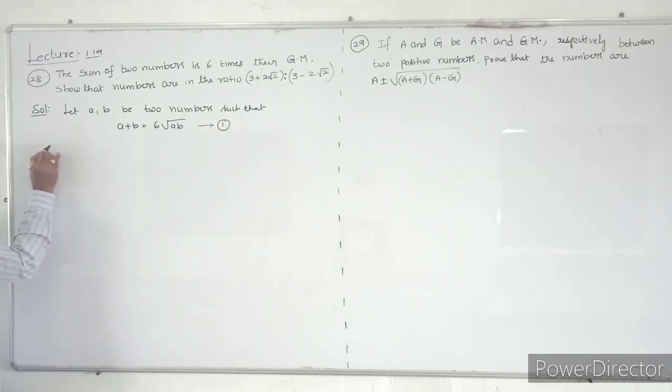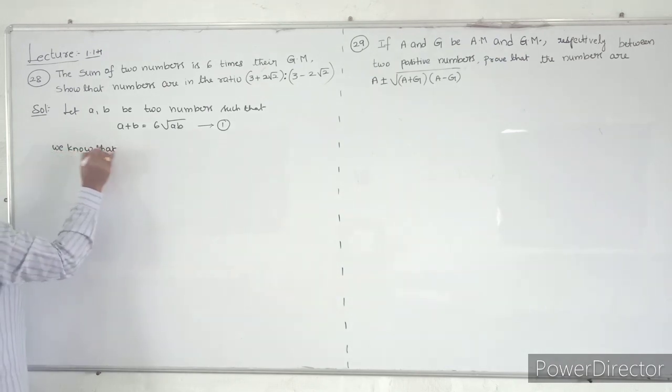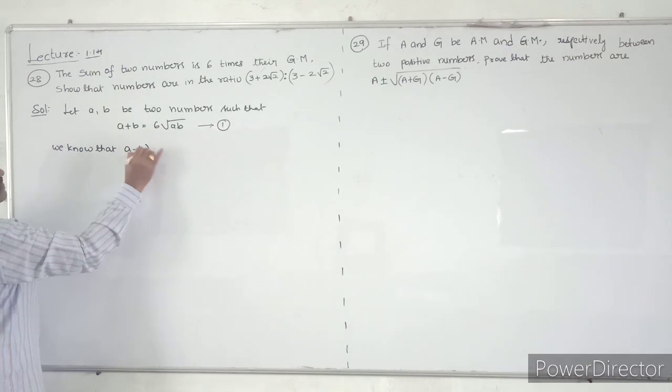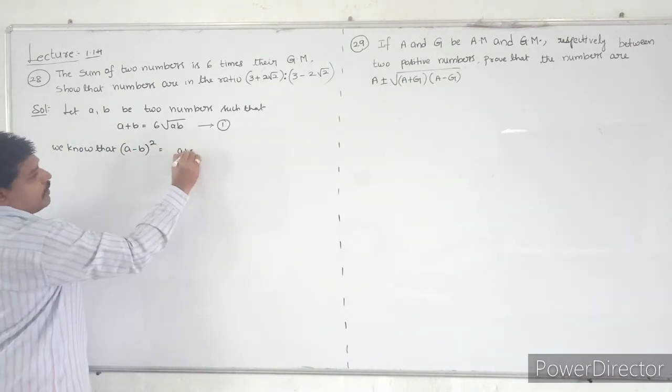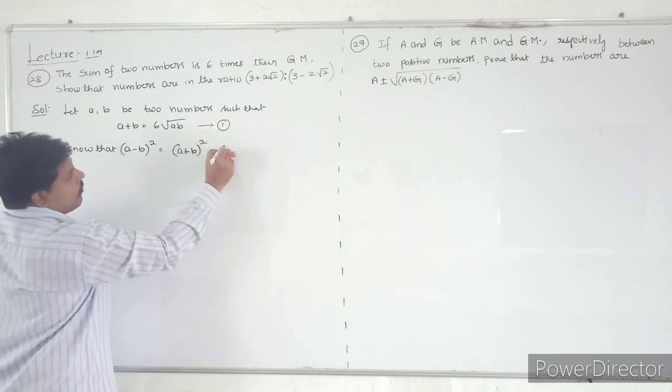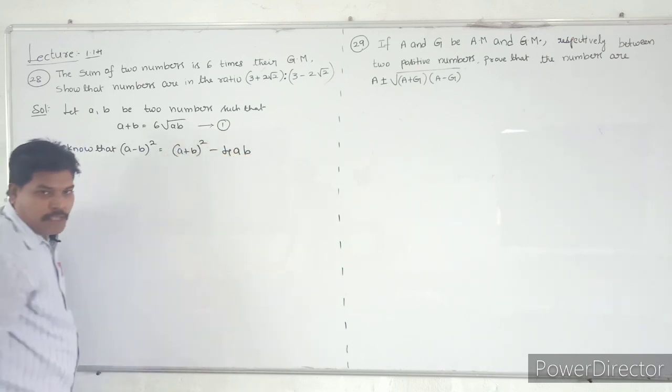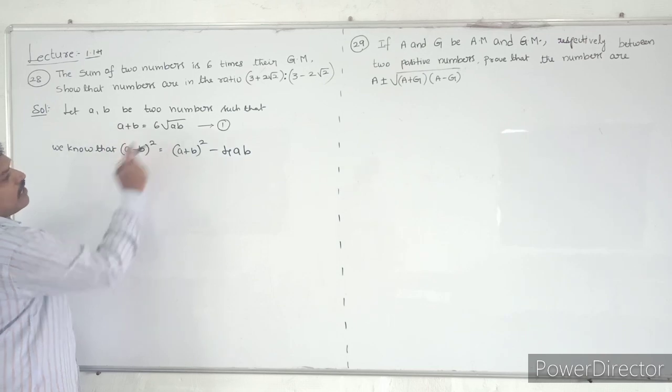So we know one formula. What is that? We know that a minus b whole square can be written as a plus b whole square minus 4ab. Here the a plus b value is already given.